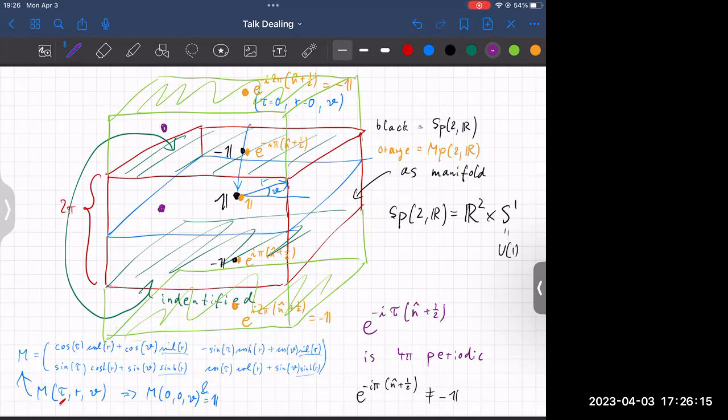So here M is an element of SP2R, and then we could call this M bar, which is kind of the second copy, an element of SP2R bar, and we can glue these two copies of SP2R together to form the metaplectic group.